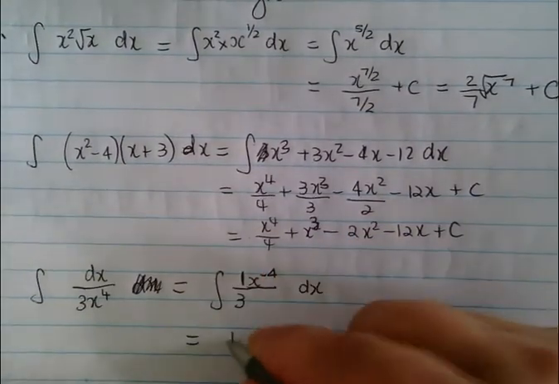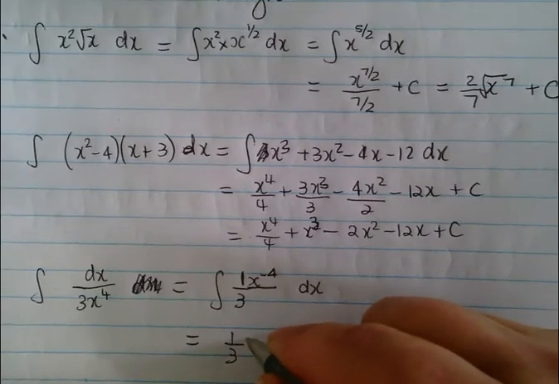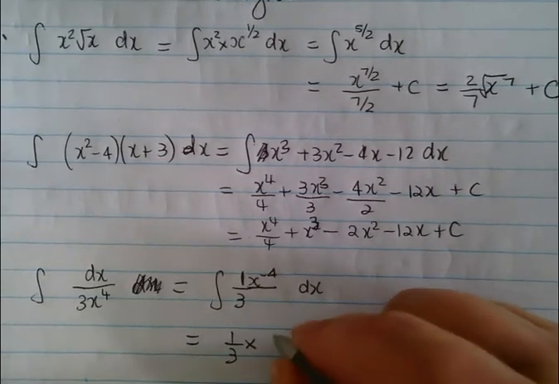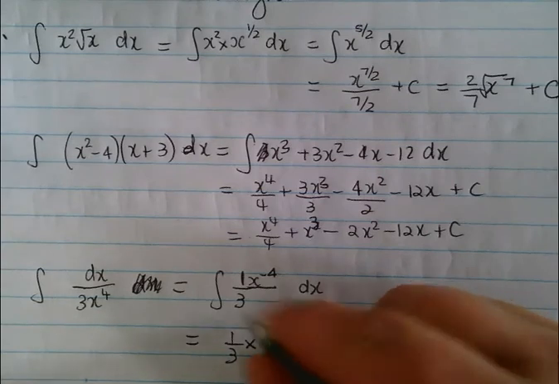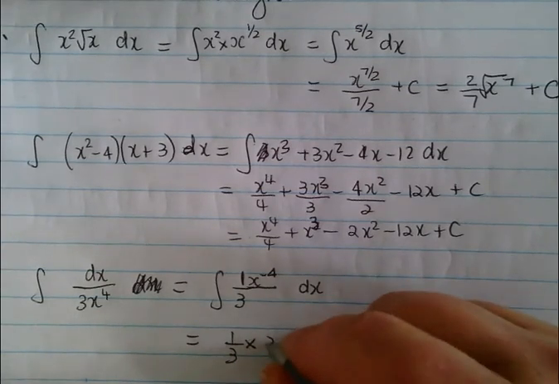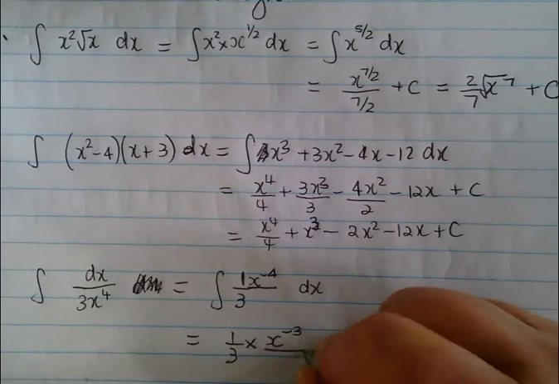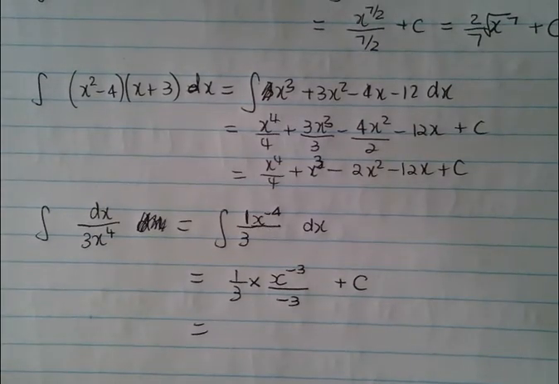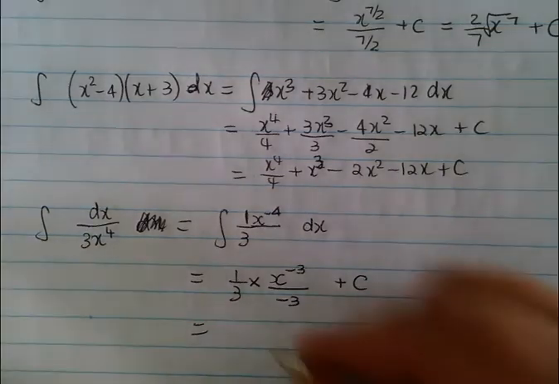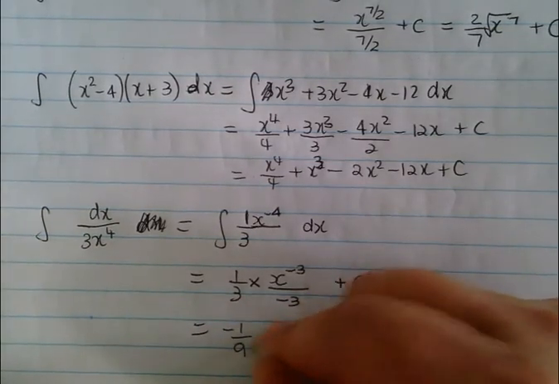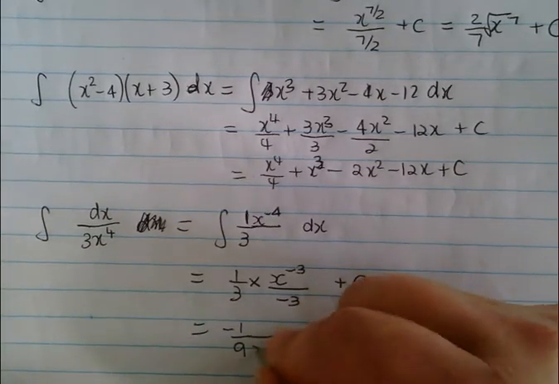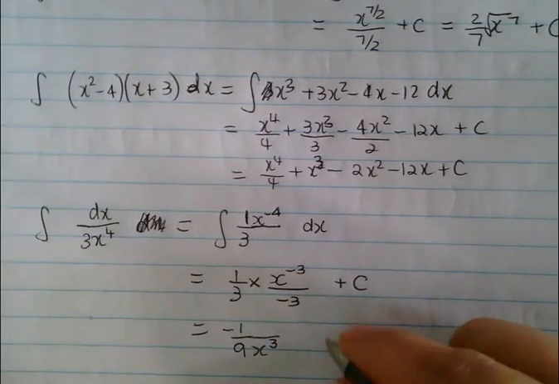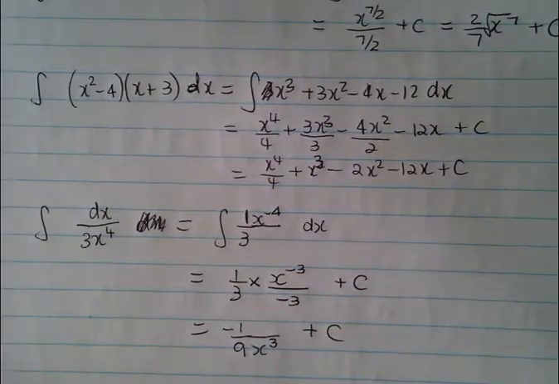All right, let's go. 1/3 times, because the third's a constant, x to the negative 3 over negative 3 plus c. Be careful. Negative 1/9, x cubed on the bottom, plus c. Be careful.